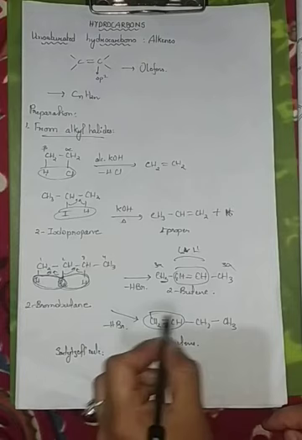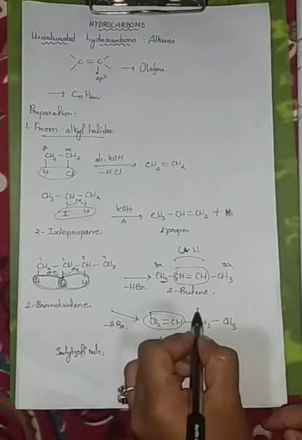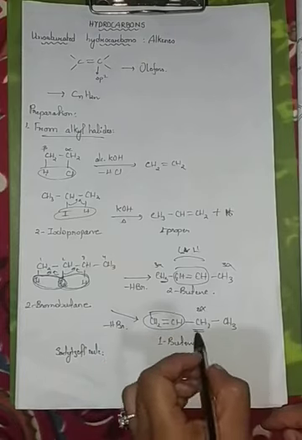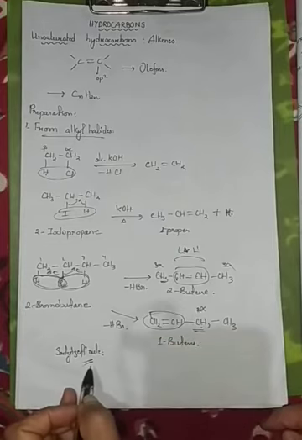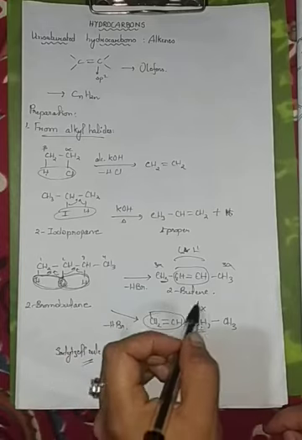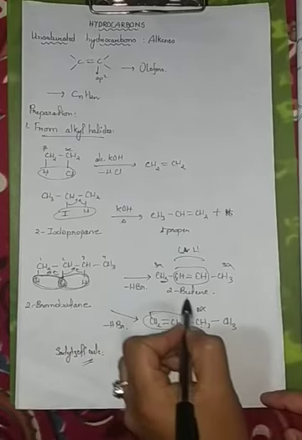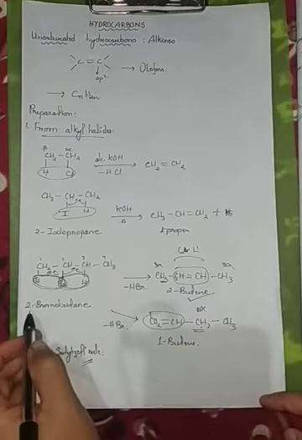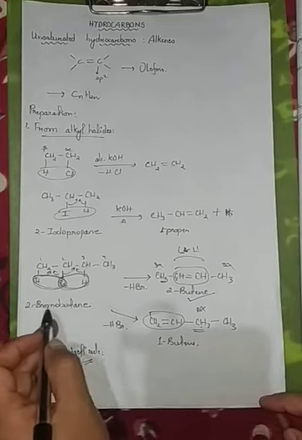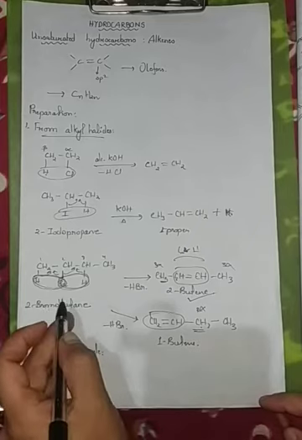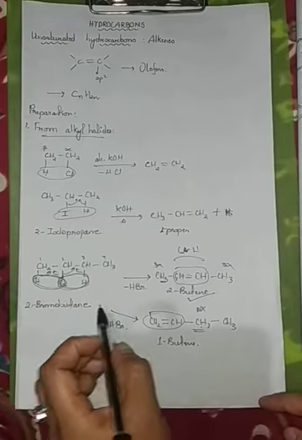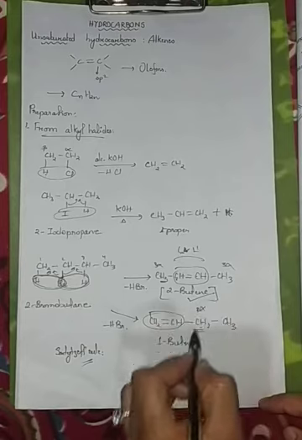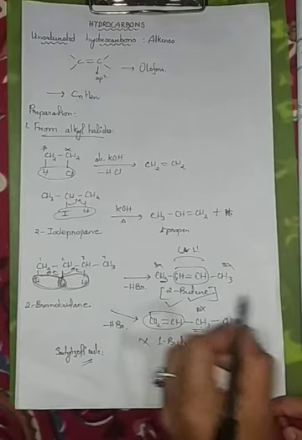In the other case, only 2 alpha hydrogens are present. Therefore the major product, according to Saytzeff's rule, would be the one having more alpha hydrogen atoms. When 2-bromobutane reacts with alcoholic potassium hydroxide, the product formed will be 2-butene and not 1-butene. This will be our major product according to Saytzeff's rule.